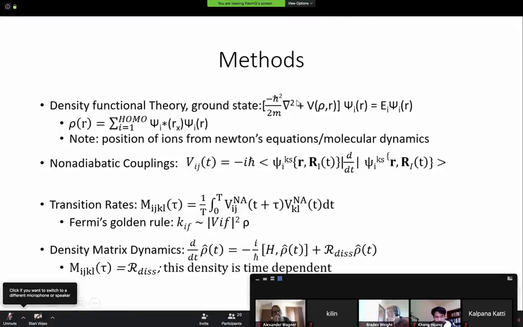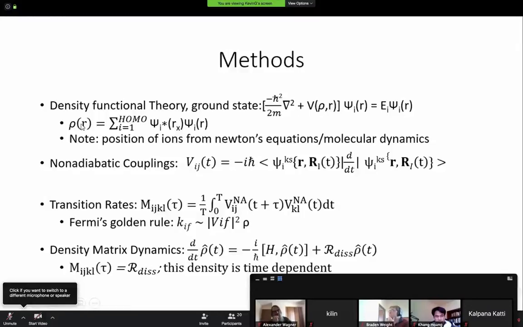For those who don't know what density functional theory is, we all know in quantum mechanics, we use the wave function, and we multiply that by the wave function's complex conjugate, and we square, we get our probability density. Well, instead of using the wave function to compute expectation values, we're using charge density. That's this rho right here.